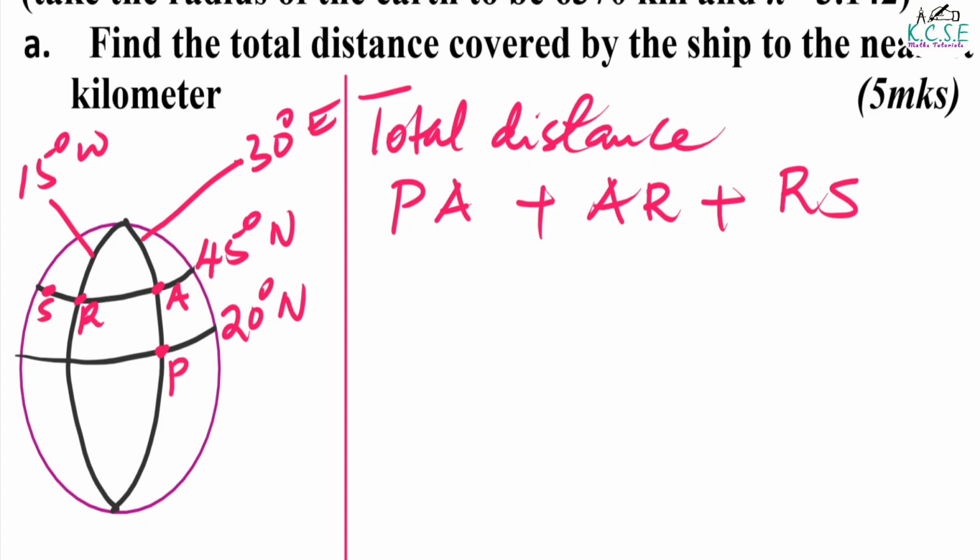Now let's take each distance at a time. We start with the distance PA. Distance PA is this distance here in the diagram.